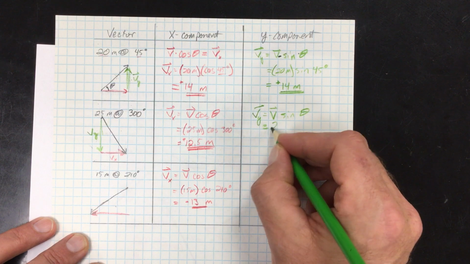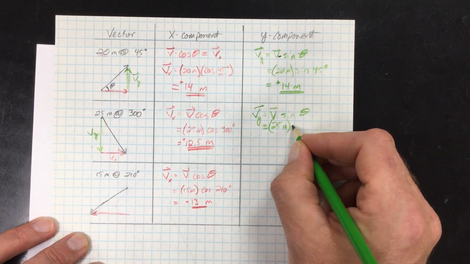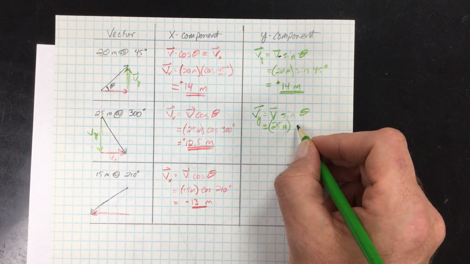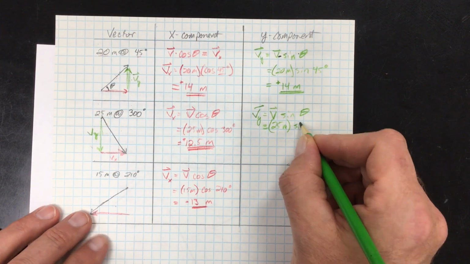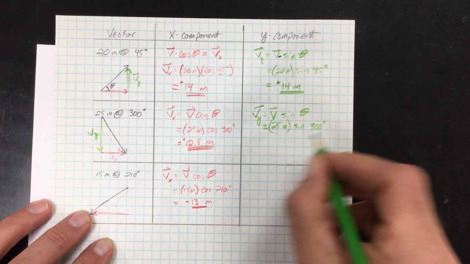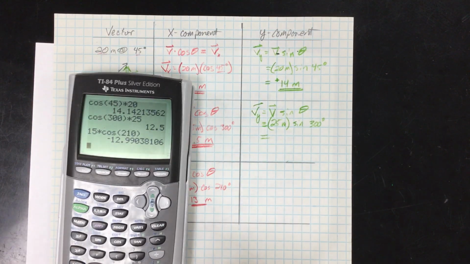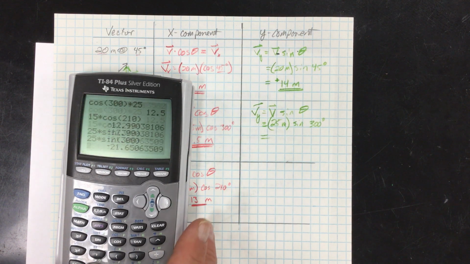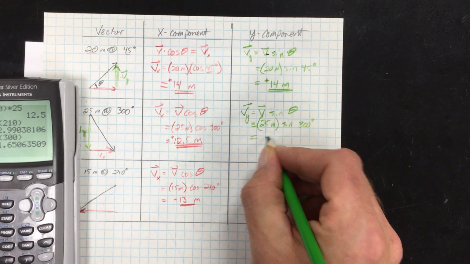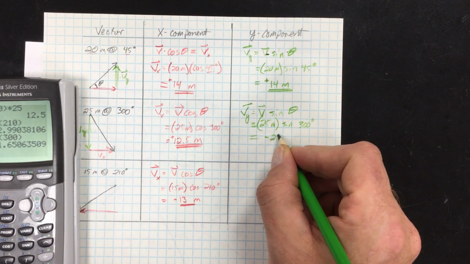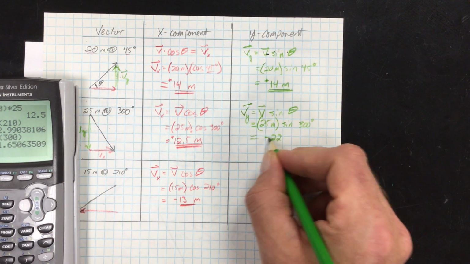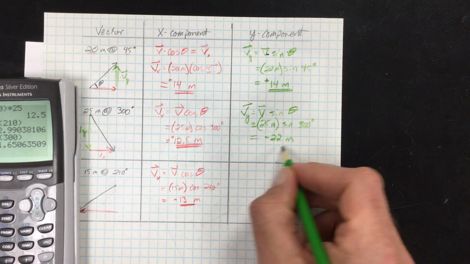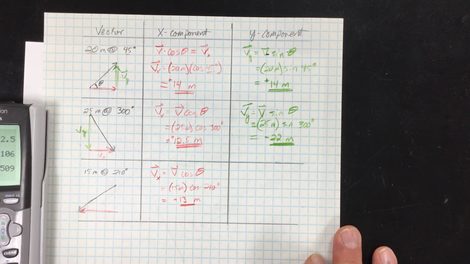And so I end up with 25 meters times the sine of 300 degrees equals, this time I am going to go to the calculator, 25 times the sine of 300 equals, and lo and behold, it's a negative value, negative 21. I'm going to round that off to 22 because, again, my sig figs don't support too many more digits. So there's my answer for that one.